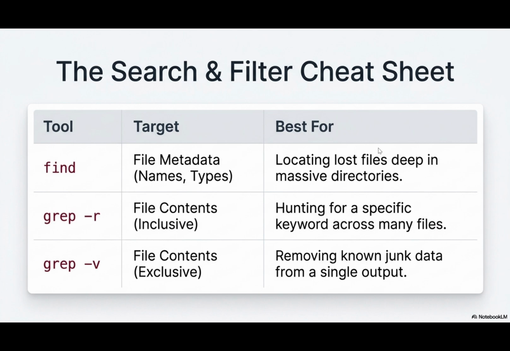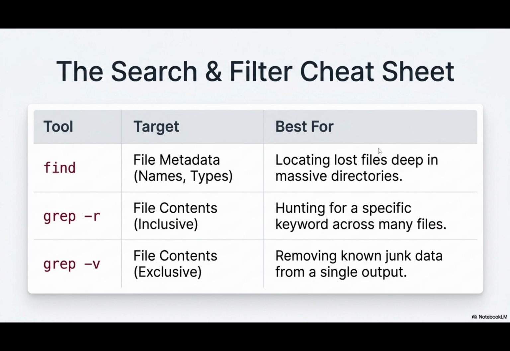Now this is the cheat sheet that you can follow. For example, find will target the file metadata like the name and type. In this case, we were looking for .log with the name, and with the type file, and this is best for locating lost files deep in massive directories.